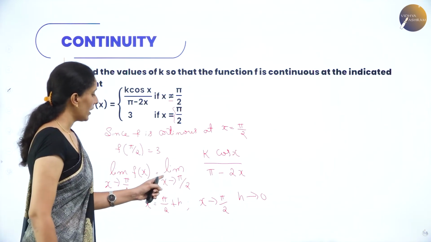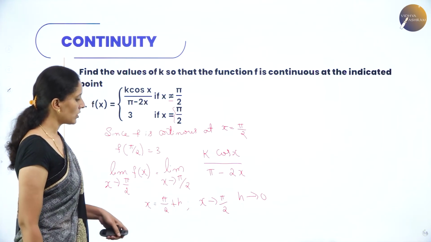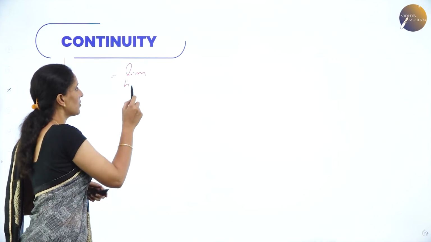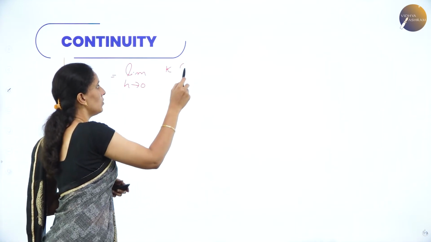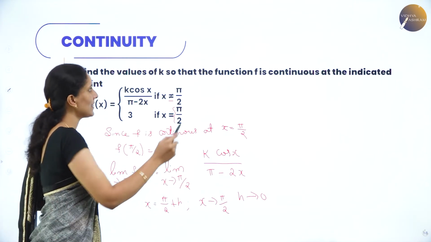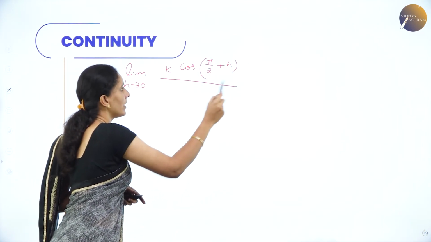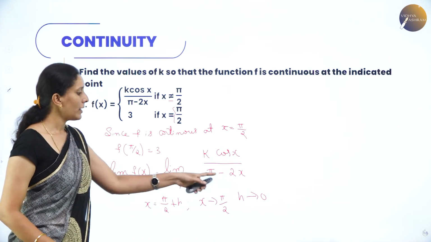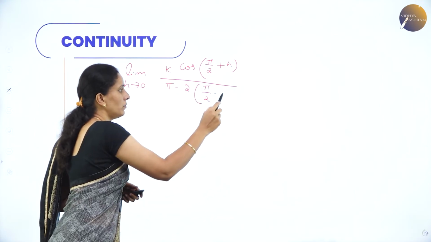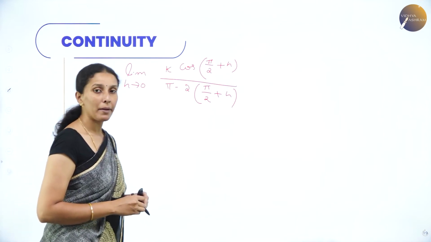Let me interchange the variable with respect to h. Then this becomes the limit as h tends to 0 of k into cos of pi by 2 plus h, whole divided by pi minus 2 into pi by 2 plus h.